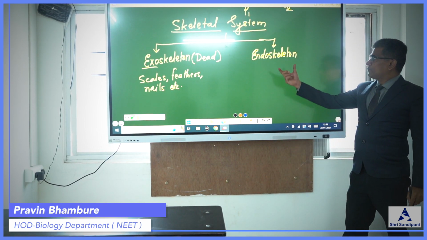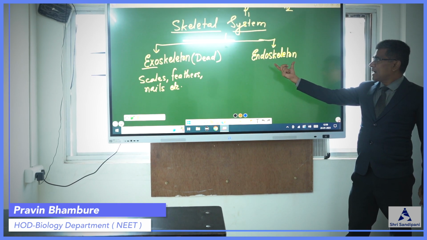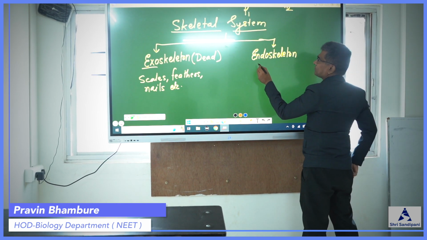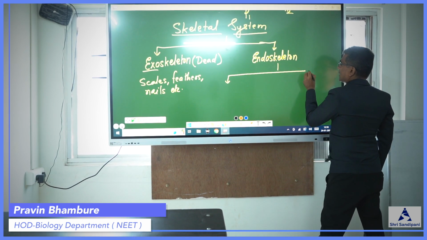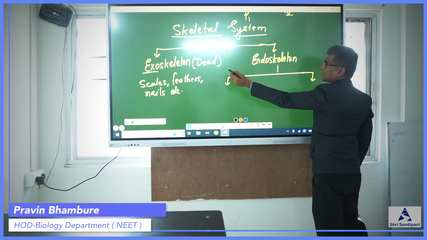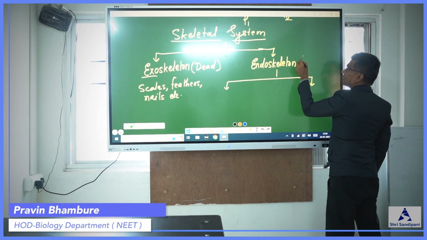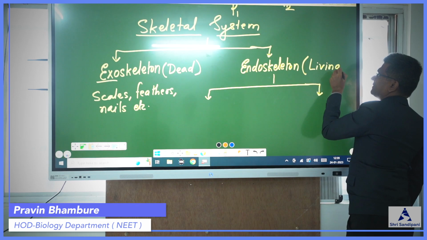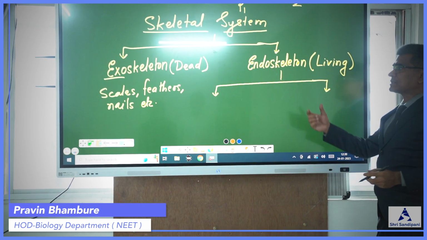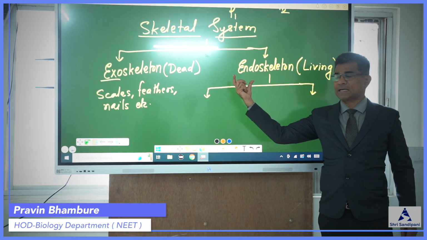Okay. Now, endoskeleton is divided into two major categories. And no doubt, when exoskeleton is dead, endoskeleton is in living state. So this constitutes the major part of our skeleton.